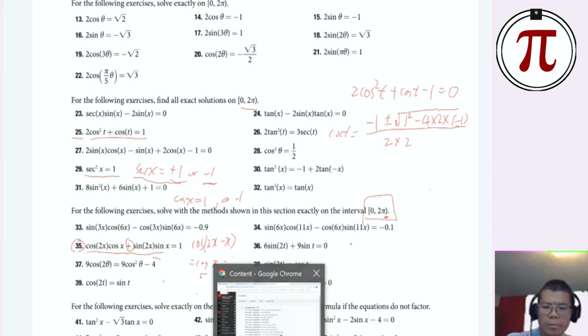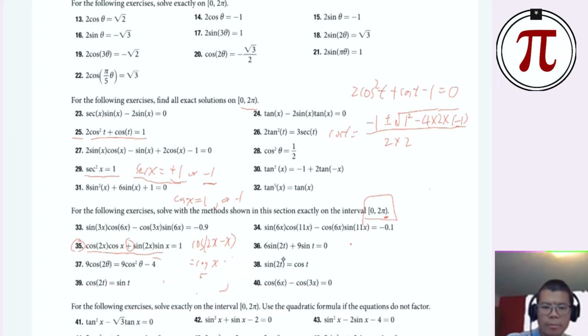Ironically, in the book, it actually only gives the value as 0. Oh, really? Oh, I'm sorry, I looked at the wrong one. It's 0 and pi. Yeah, it should be 0 and pi.